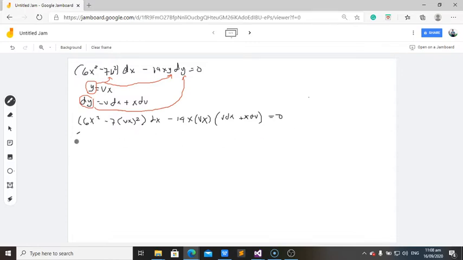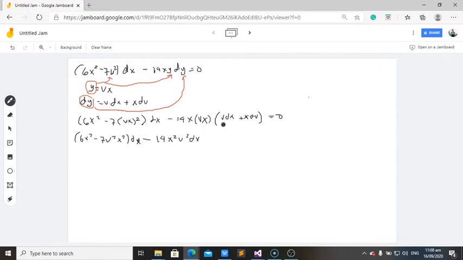So you have 6x squared minus 7. So squared man natin, so v squared x squared dx. So i-simplify tayo. So that is x, minus, so x squared times v squared. So nakay 14 x squared v squared dx.